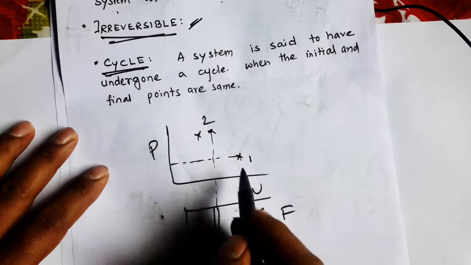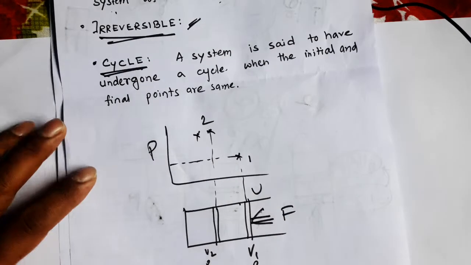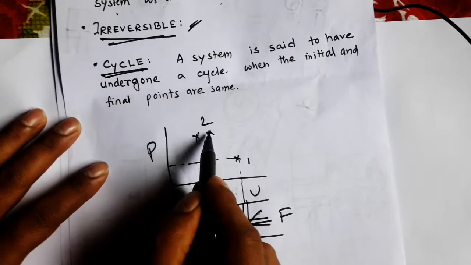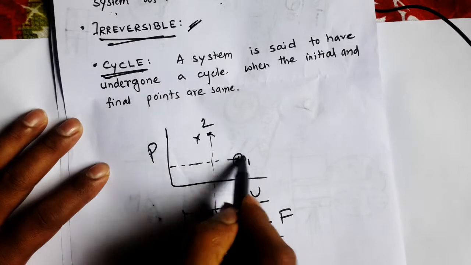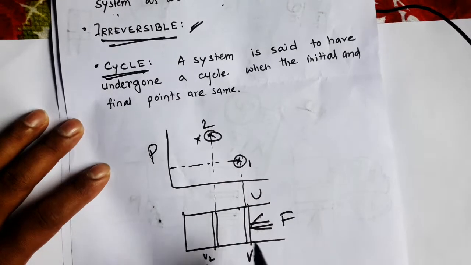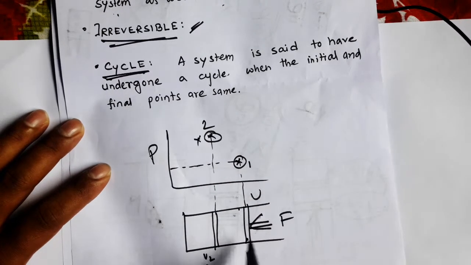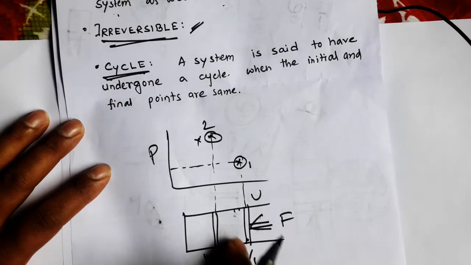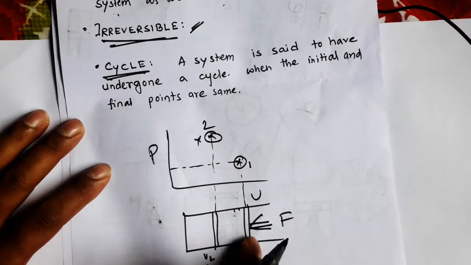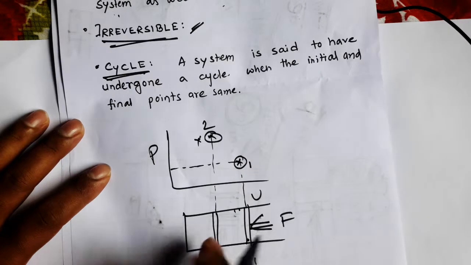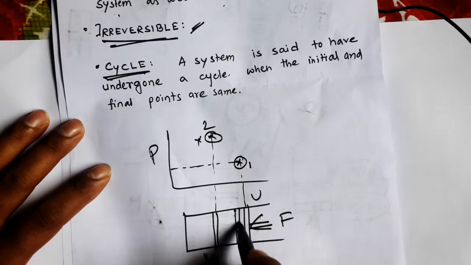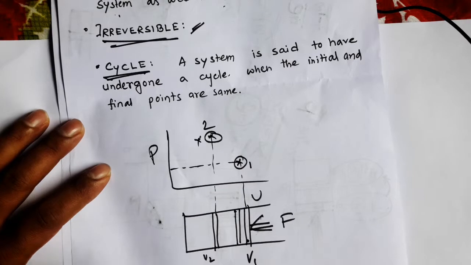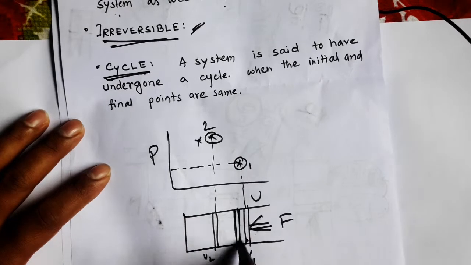So 1 to 2 is the initial state and the final state, but to change the state, the piston has to move through many states in between initial and final. Suppose at some time the position of the piston is this.